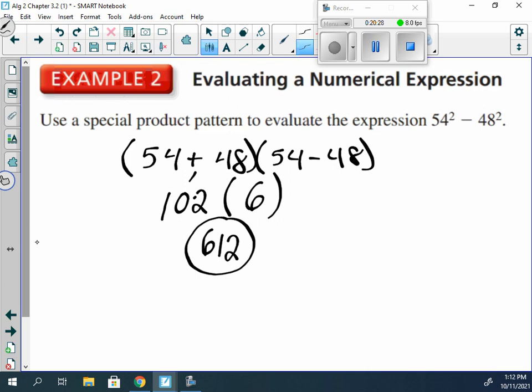But if we weren't able to use a calculator or didn't have one, this is actually a very easy way to figure out what the difference of these two numbers is. Because 54 plus 48, we can add those. That's not bad. 54 minus 48, we can get that as 6. 6 times 102. We can do that on paper. That's not as bad as trying to take 54 squared minus 48 squared. That would be a massive number to try to calculate out. This here is a little bit more effective.